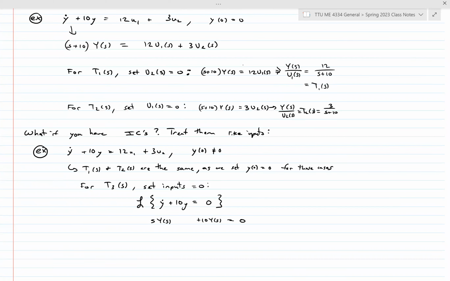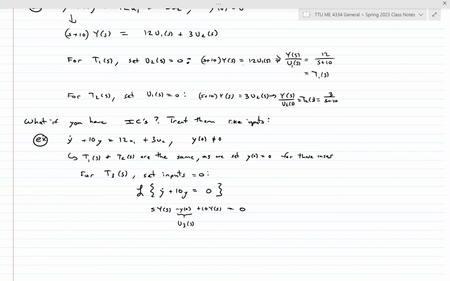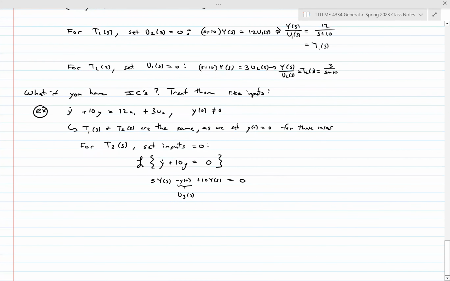Right, we have an initial condition, which I am kind of pretending here to be U3 of S. That's the way I view it. And so we can get a third transfer function here: Y of S over that initial condition, which I'm going to call T3 of S, is 1 over S plus 10.